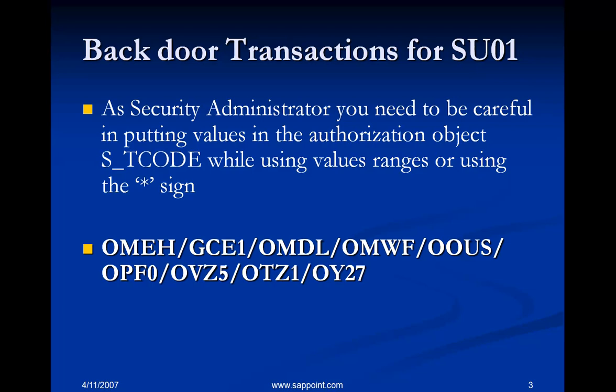So in S_TCODE you could say O star as a value, which means that the user would get access to any transaction code that begins with O. Now, it's another matter that for every transaction code you'll need the related authorization object to work with those transaction codes properly.